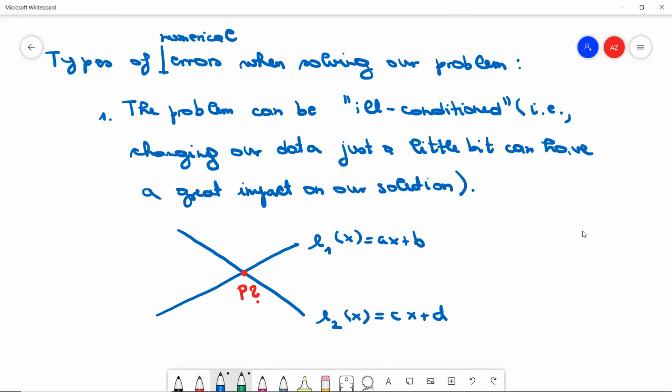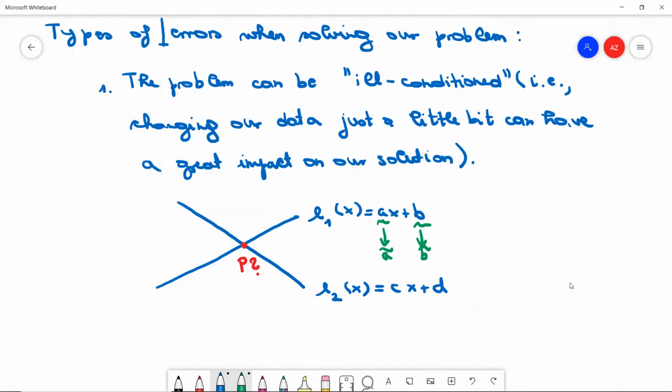And now we change the data only a little bit, meaning that we change a and b to a tilde and b tilde, and the same for c and d. And the question is, what happens with our intersection? With this new data, our lines change a bit. So for example, L1 becomes this, and L2 becomes this.